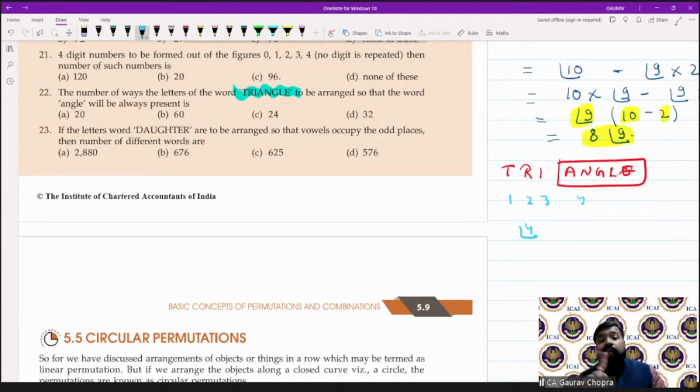So therefore the result will be simply factorial 4, that is 24 ways. In total 24 ways are there. Option number C. Okay.